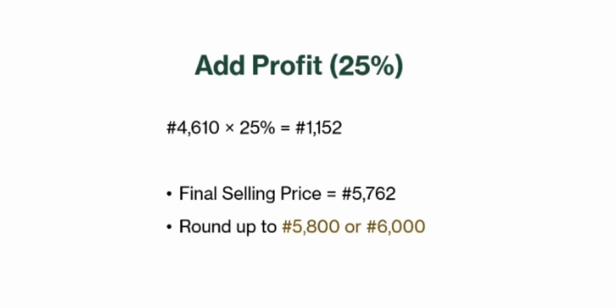Now, in order for you to get your final selling price, you add up 1,152 naira to 4,610 naira to give you 5,762. However, we all know that we cannot get 62 naira. Talk more of saying 762 naira or 5,762 naira. So you just round up the money to 5,800 naira or 6,000 naira.